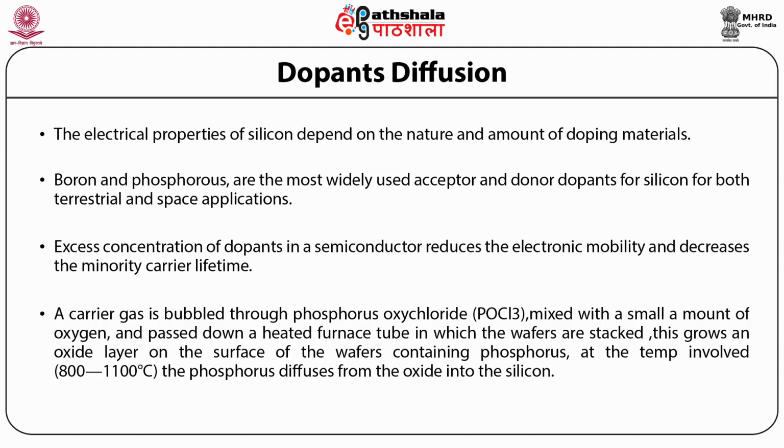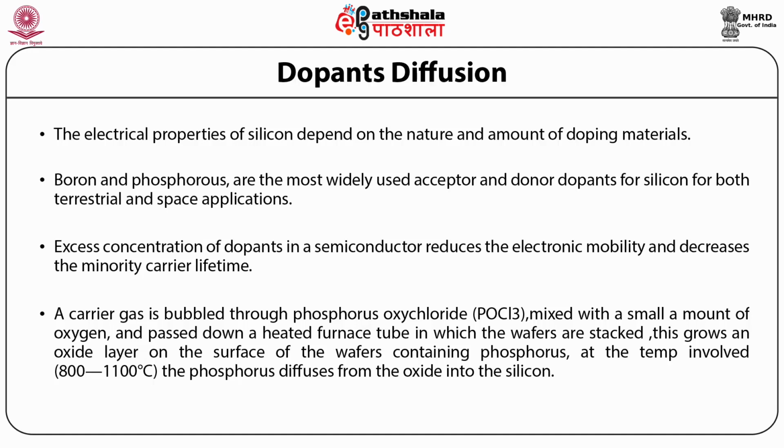This grows an oxide layer containing phosphorus on the surface of the wafer at a temperature of around 800 to 1000 degrees Celsius. The phosphorus diffuses from the oxide into the silicon wafers.